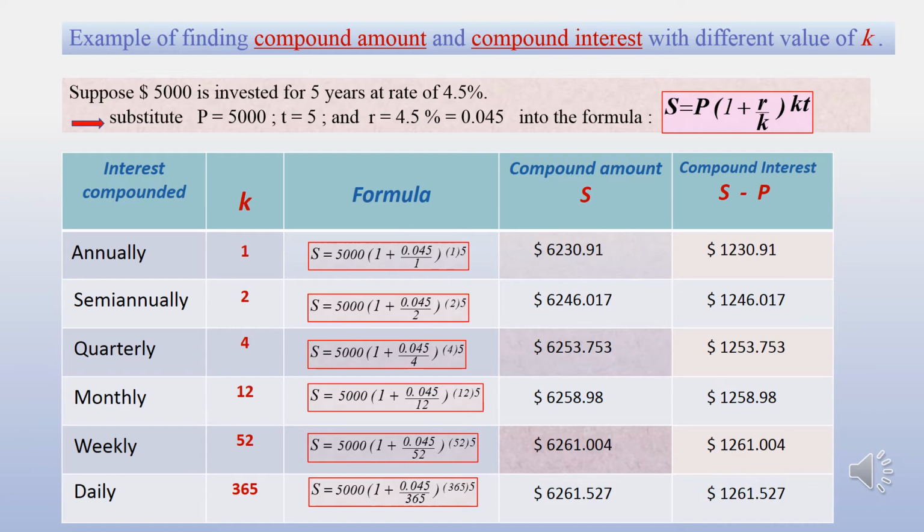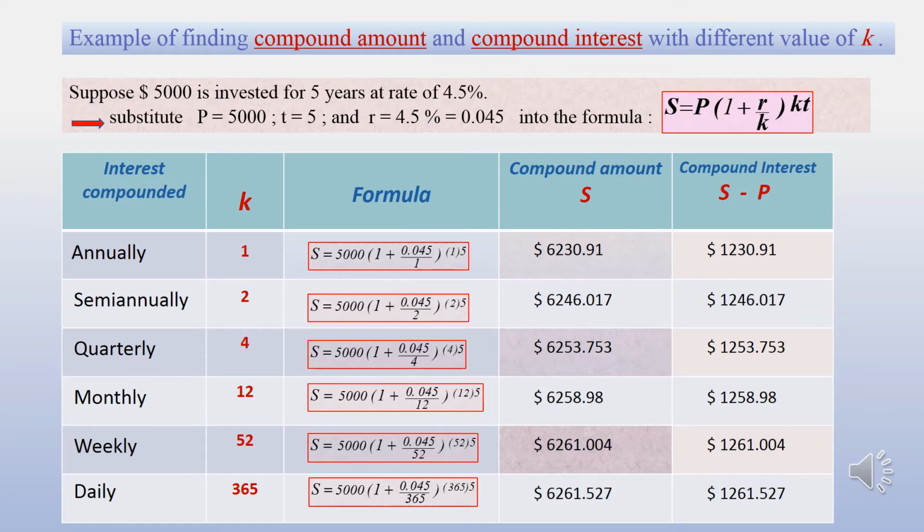With K equal to 1, we found that the compound amount S equal to 6,230.91, with the compound interest S minus P equal to 1,230.91.